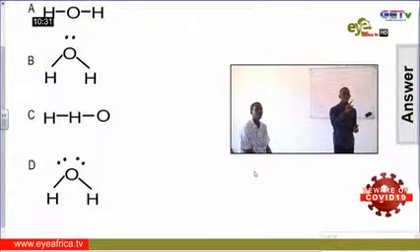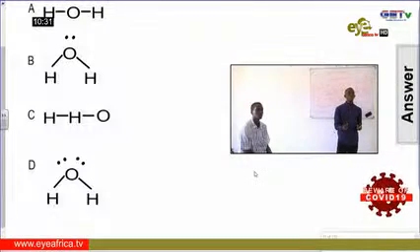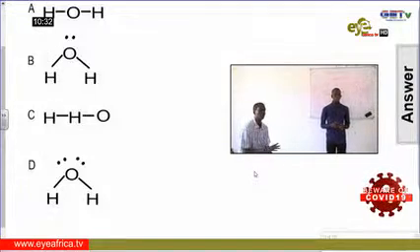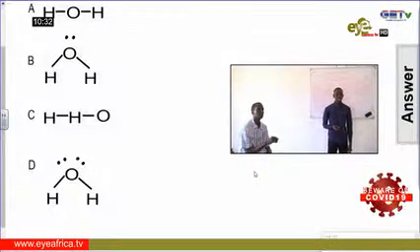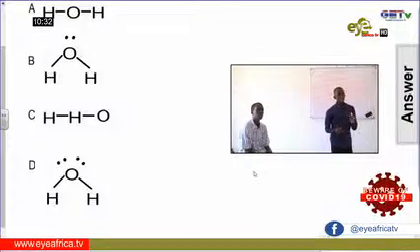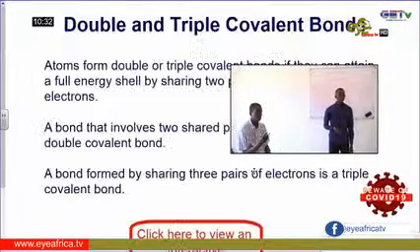But the difference between B and D is B has a single lone pair, whereas D has 2 lone pairs. Therefore, the correct option in this case is letter D, in which the shape is V shape and there are 2 lone pairs of electrons.